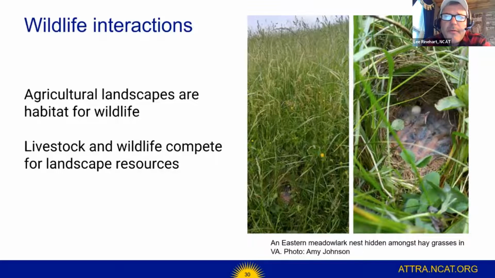Livestock and wildlife both compete for landscape resources. They both put pressure on the forage available, as well as for water, cover, and space. In fact, Matt Barnes has noticed that wildlife species often require considerably greater amounts of space than domestic animals to achieve acceptable levels of reproductive performance, right?